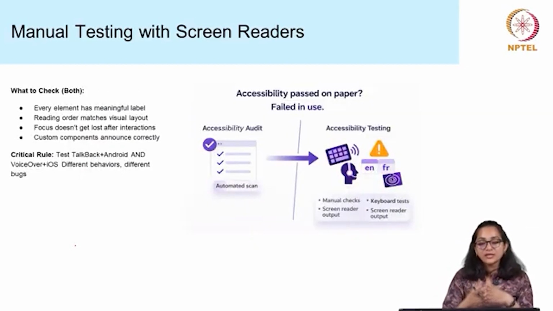When you're doing manual testing with screen readers, check that every element has a meaningful label. It should not be labeled as just button. If the button is a submit button or login button, then it has to have that signifier. The screen reader should announce that semantic signifier. The focus should not get lost after multiple interactions. The custom components should be announced correctly.